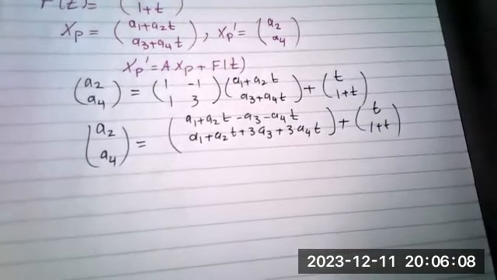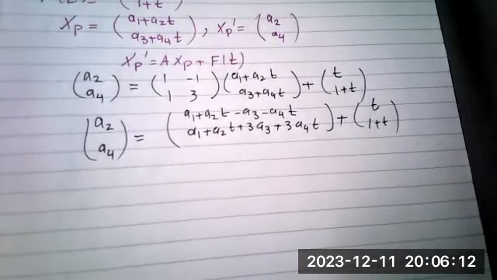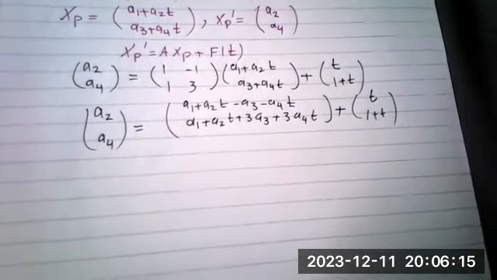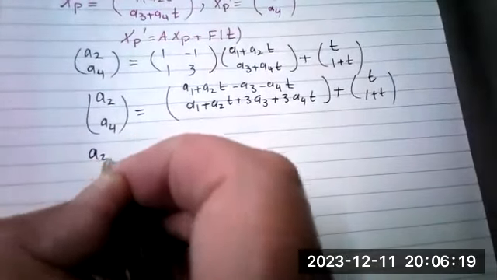Okay. Now add these together and let them be equal to each other. We need a 4-equation system to be able to get this. Okay, so continue: A2, A4.